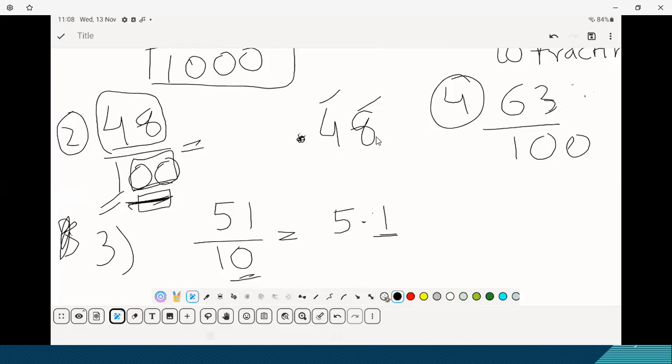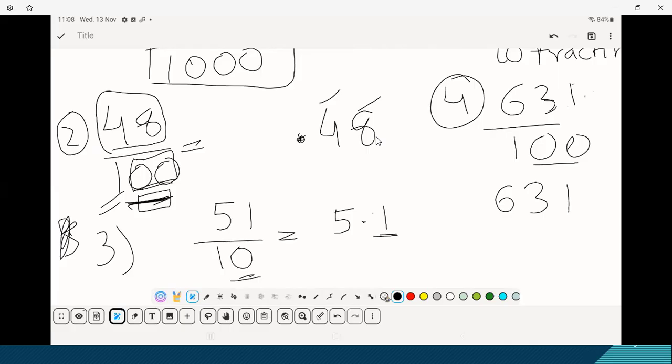Now we have to write the number 631 divided by 100, and convert this number into a decimal number. The first step is simple: we have to write the number. Then the second step, we have to count how many zeros are there in the denominator. So there are 2 zeros.